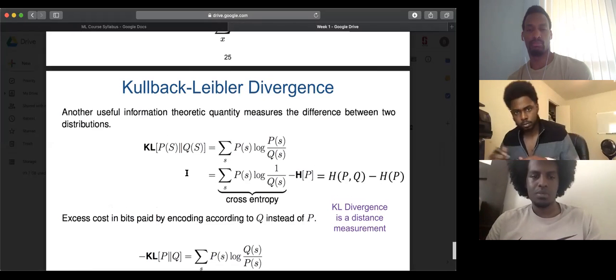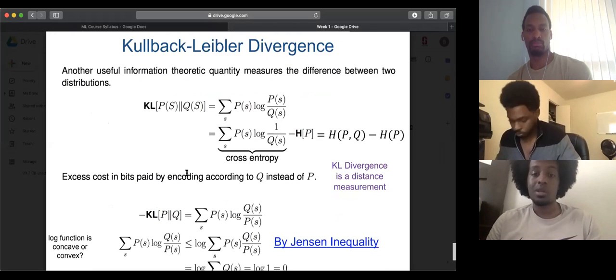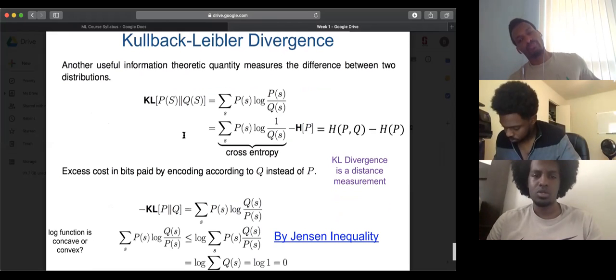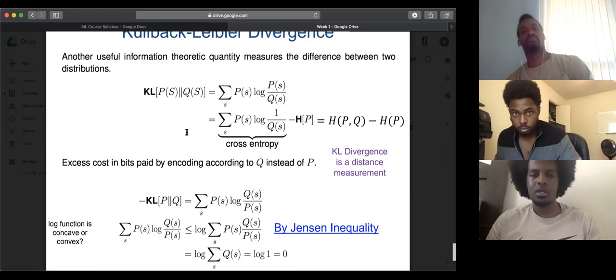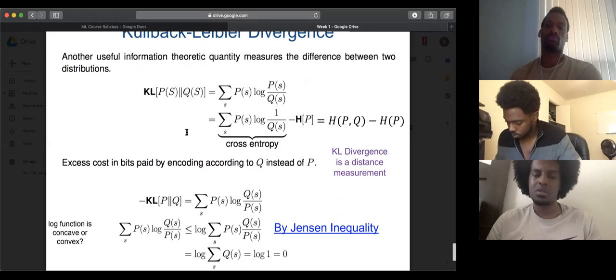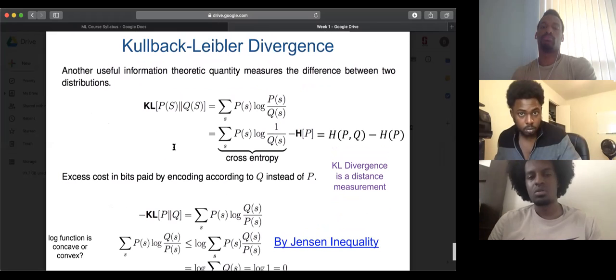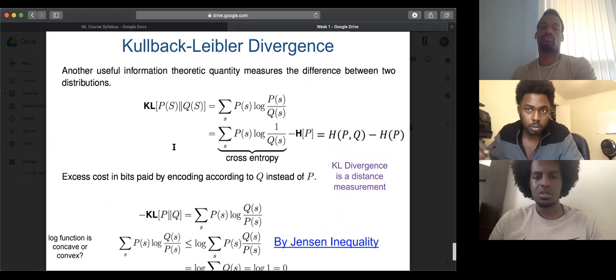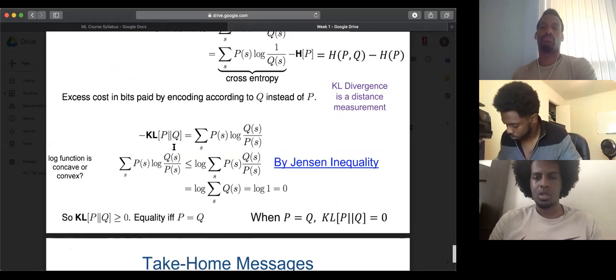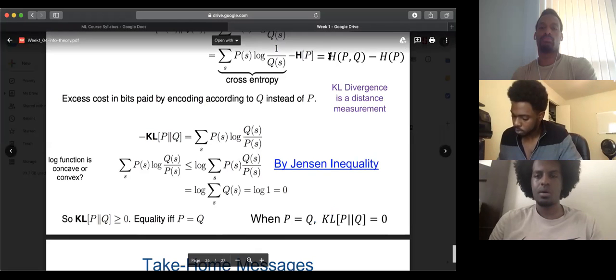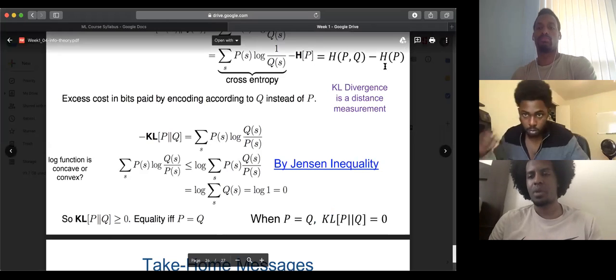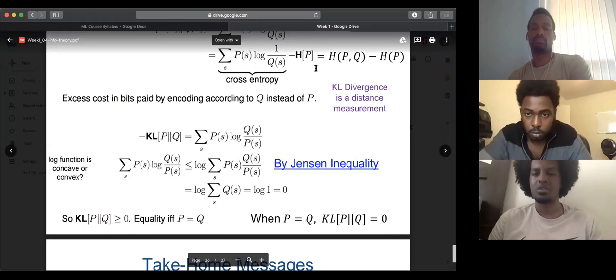So it measures the information theoretic quantity between two distributions, and it calculates excess bits. So the distance itself is the cross entropy minus the entropy of P by itself.